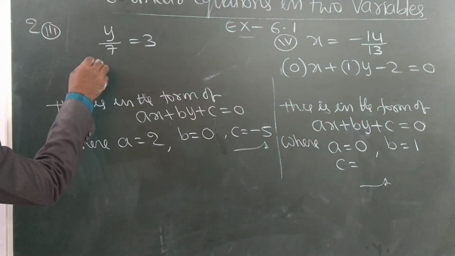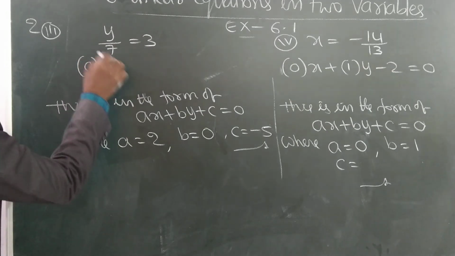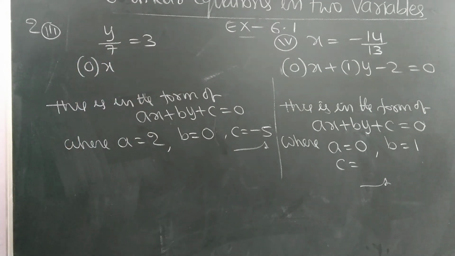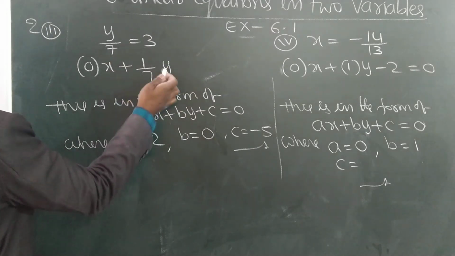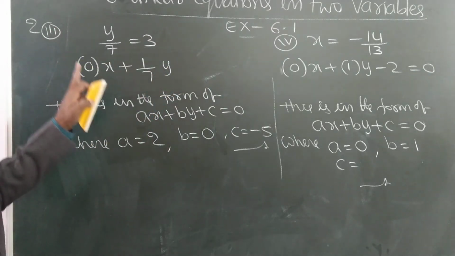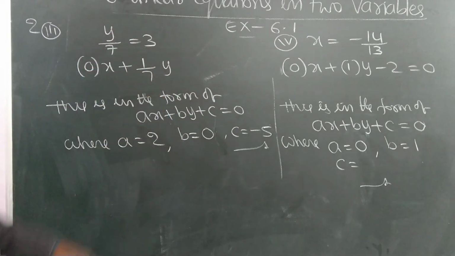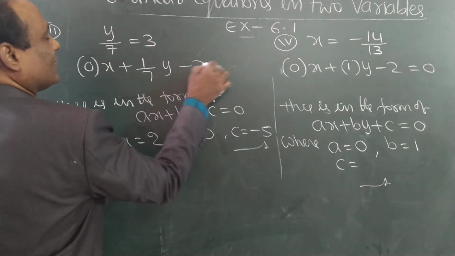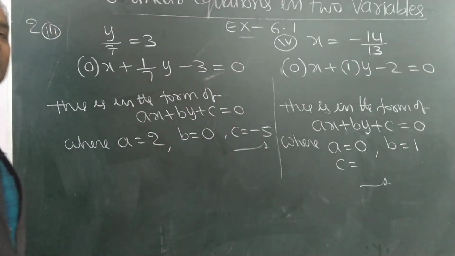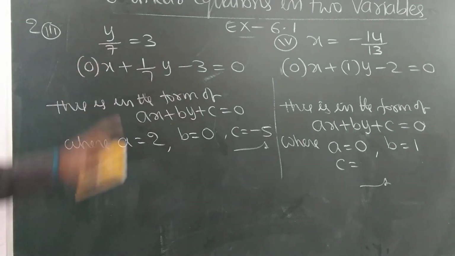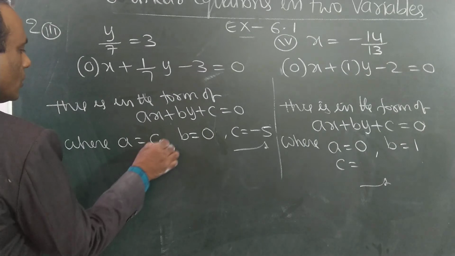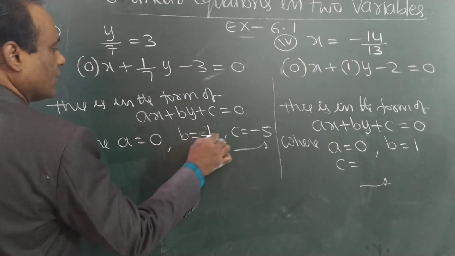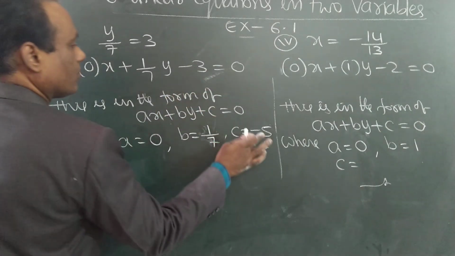You keep it as it is. So 0x, there is no x. 1 by 7y. Plus 3 this side becomes minus 3. So A is 0, B is 1 by 7, C is minus 3.